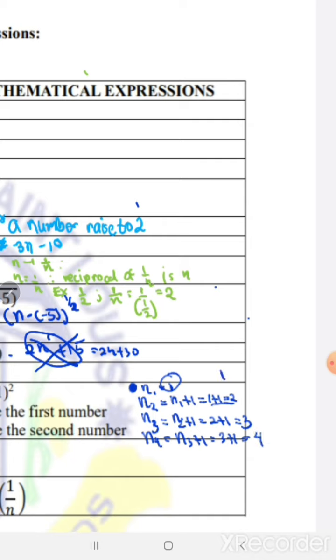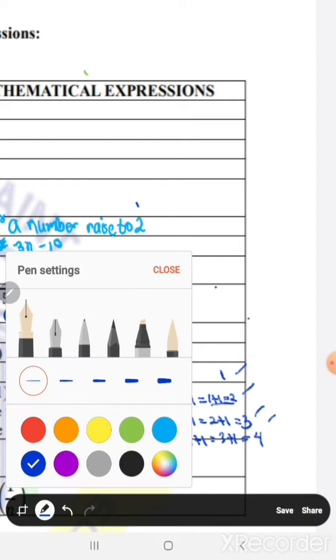So you can see that at n1 is equal to 1, there will be consecutive terms, right?